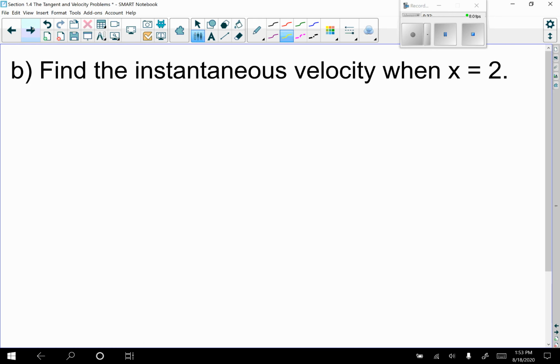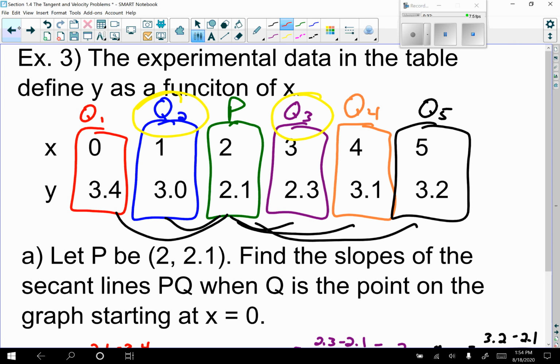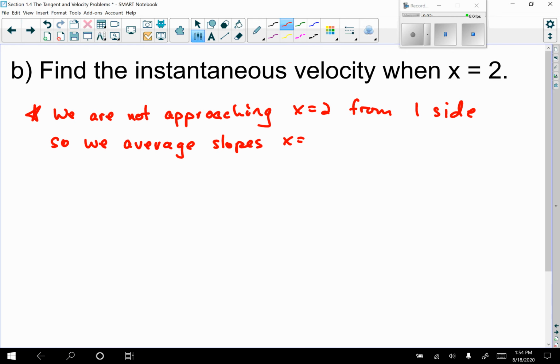So just to write this out, again, we are not approaching x equals 2 from just one side. So we average the slopes when, in this case, x is equal to 1 and then 3. Or we find the slopes of those two lines and we can just average those together.